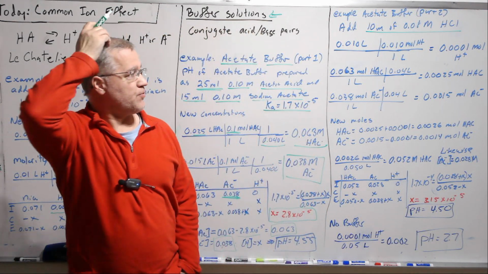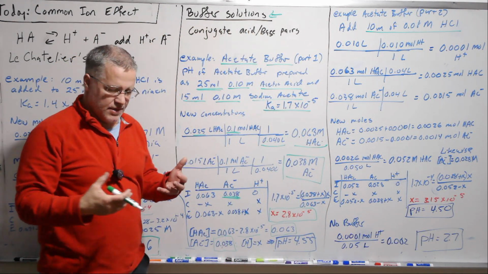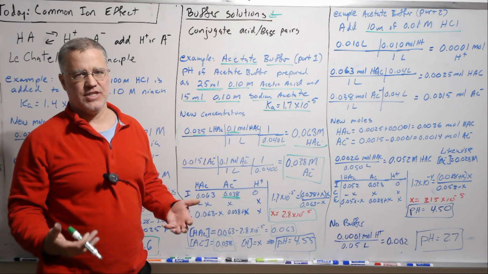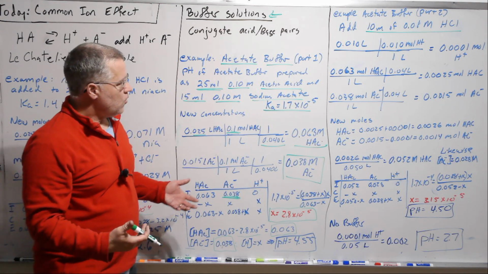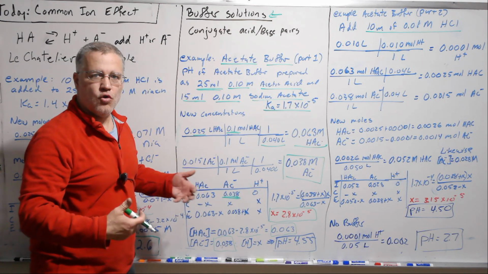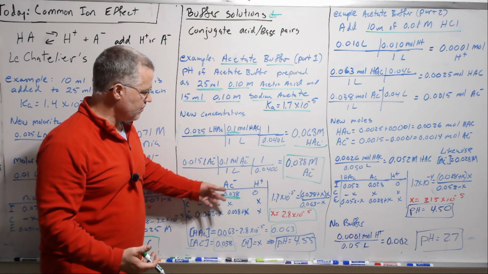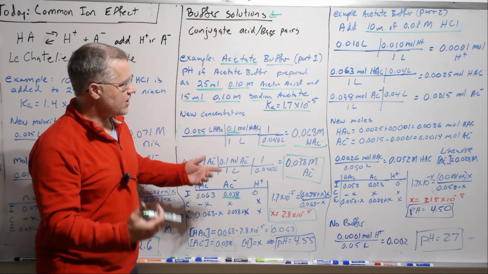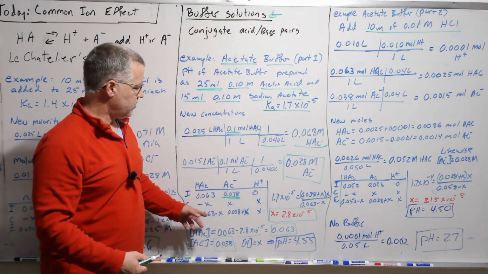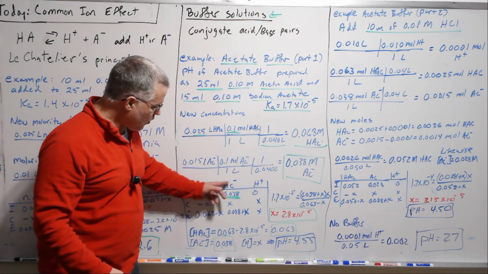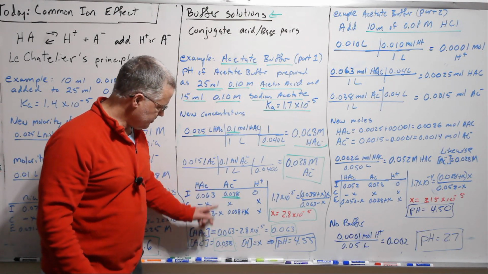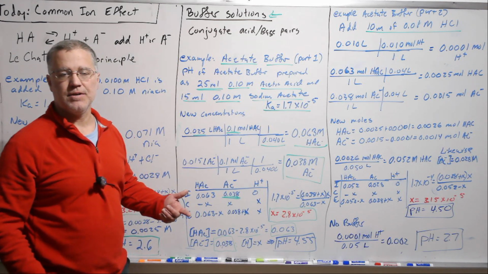Now, this does bring up something. There's a buffer capacity associated with this. We cannot, what's called, overwhelm the buffer by adding more, or a higher concentration, of H+ or OH- than what we have in our initial buffer setup.